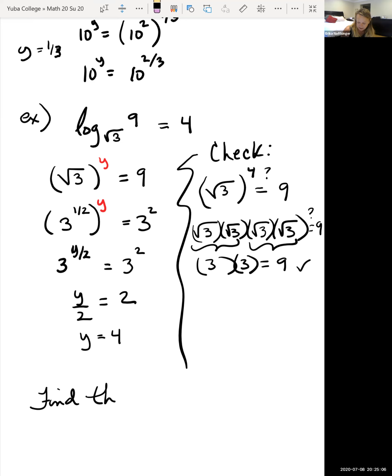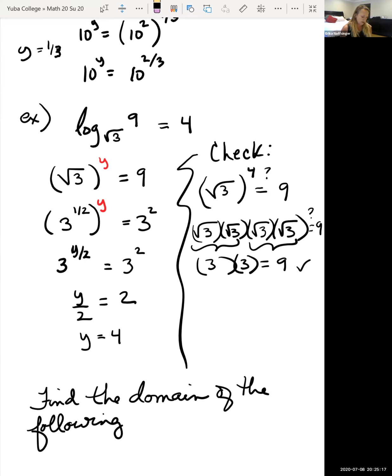So find the domain of the following logarithmic functions.